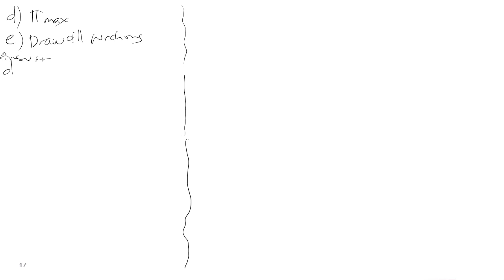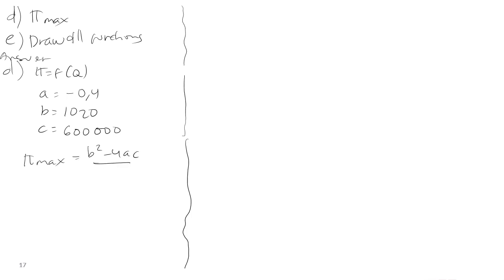So from the previous profit function, we have a as minus 0.4, b is 1020, and c is, if I'm not mistaken, 600,000. So P max, remember P is the Y position, so b squared minus 4ac over minus 4a.